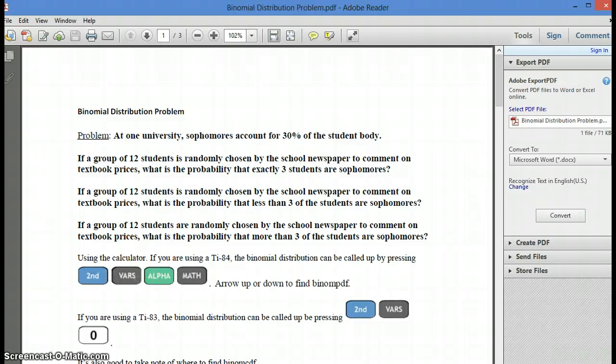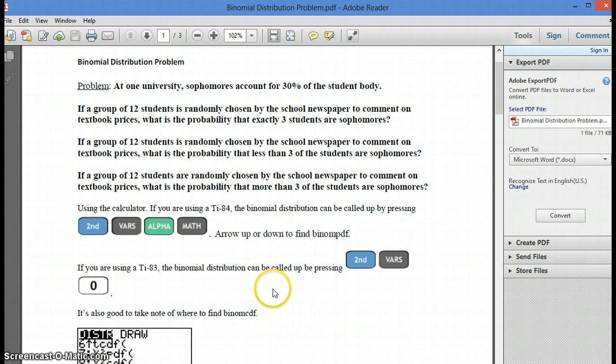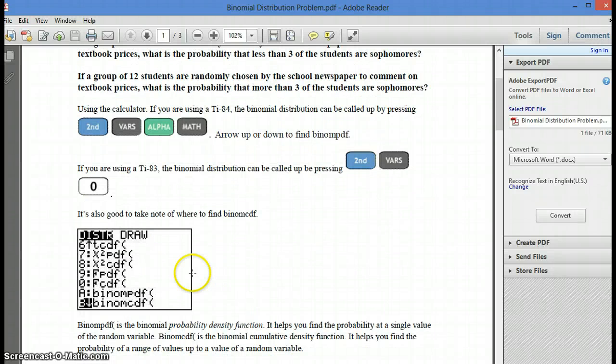If you look at the arrow keys, just under the left key where you toggle things to the left is the vars key. And we're looking at a distribution. So we do second vars, and if you do second vars 0 on the TI-83, you get the binomial PDF function. So what you will get is this window showing up.